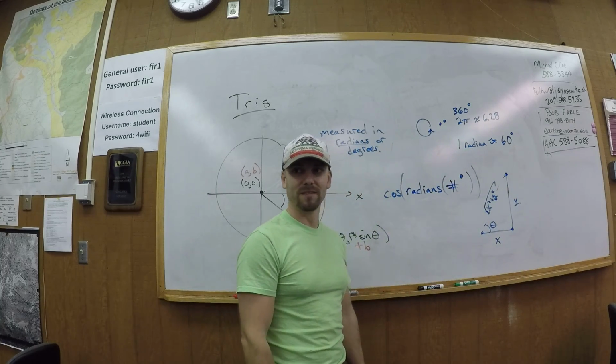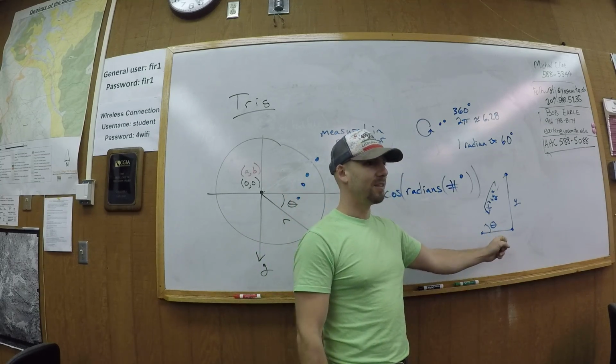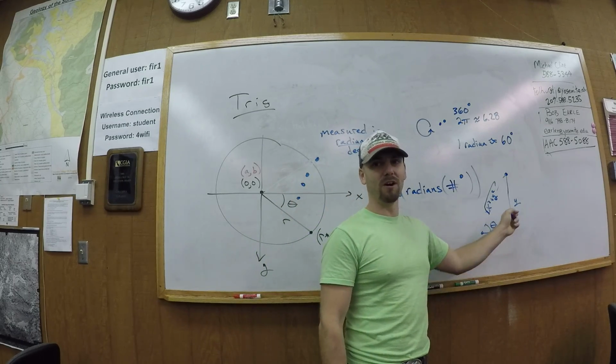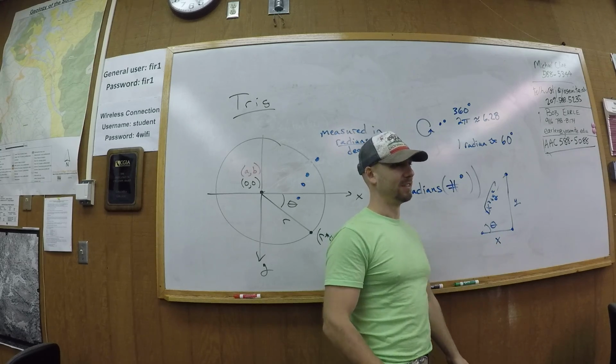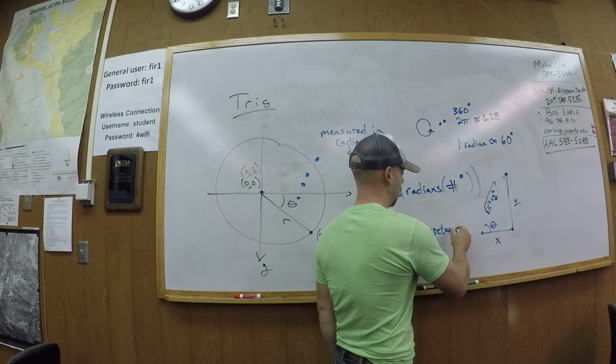Pythagoras. And then where do you get the angle from? The angle here you get out of doing arctangent. So theta is arctangent of y over x.